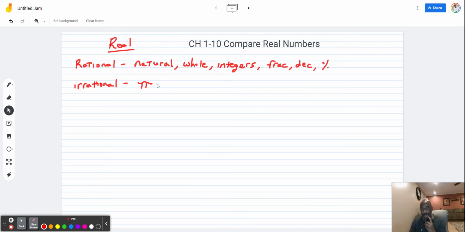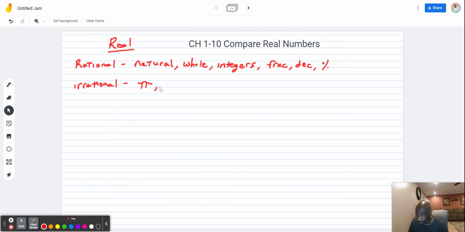Pi. Pi, as we know, is approximately 3.14, but it doesn't end there. It is a number that never ends and never repeats. 3.14 is just the beginning of it. So pi does not equal 3.14, but it is approximately 3.14. All right. So pi is an irrational number because it never ends and it never repeats the pattern.